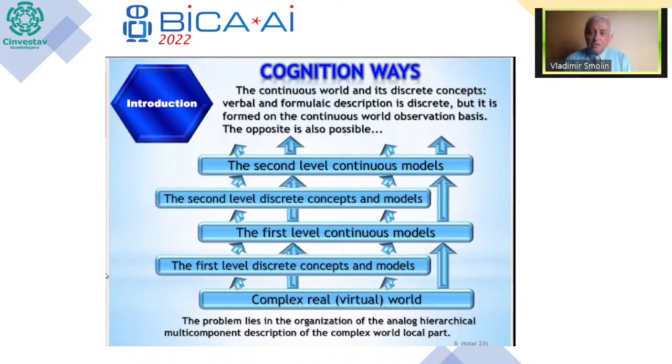Still, the most interesting thing is how we get these new concepts from the continuous information coming to us. And if we understand this, it will help us to come closer to building artificial general intelligence.